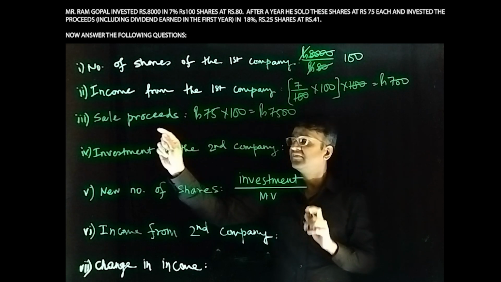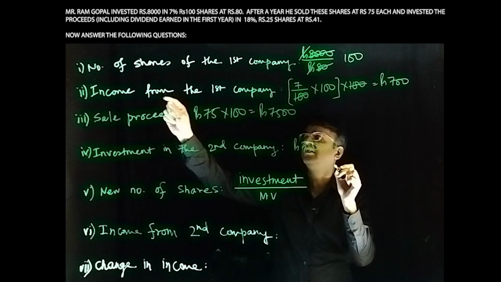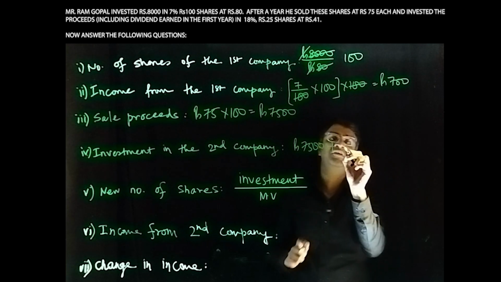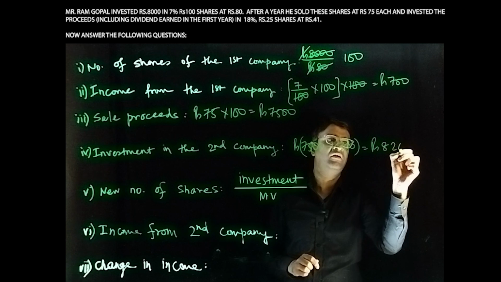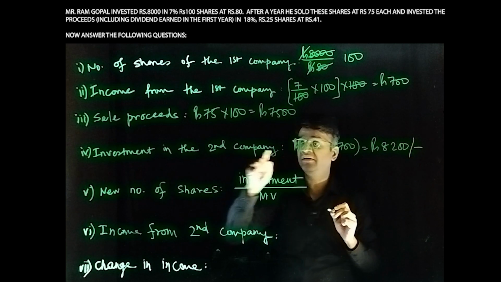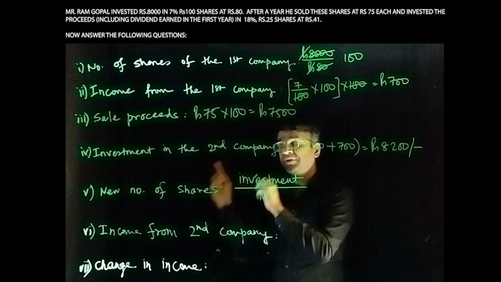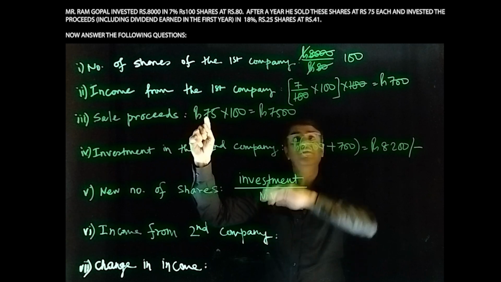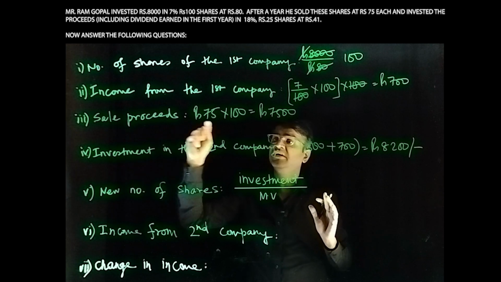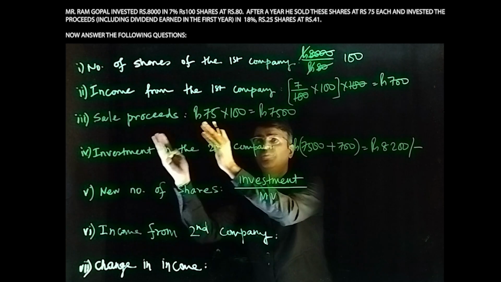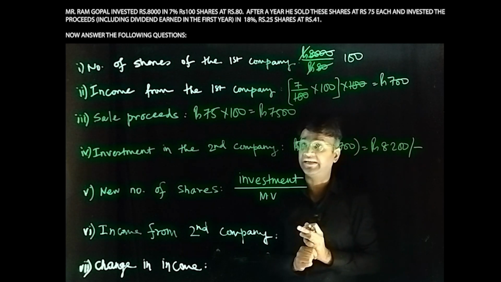But here, the sale proceed, that is rupees 7,500, plus the income generated from the first company in the first year, 700, that is rupees 8,200, will be the investment in the second company. Okay, see the difference. In the previous sum, the sale proceed was the investment because they instructed not to take the dividend. But here we are taking the dividend, that's why sale proceeds plus the dividend earned in first year will be the investment in the second company.